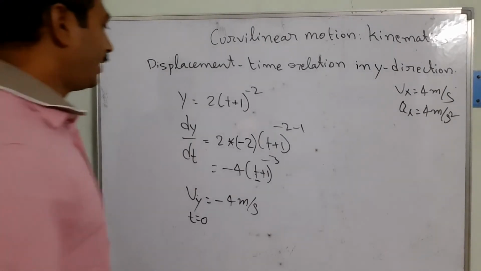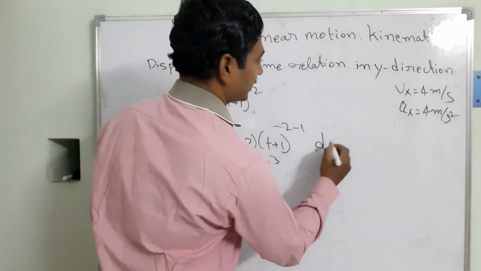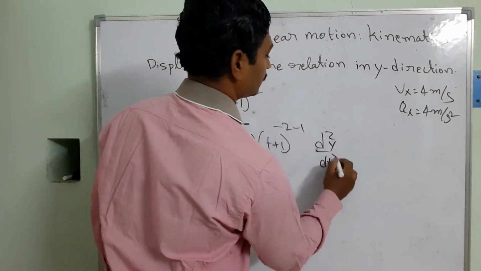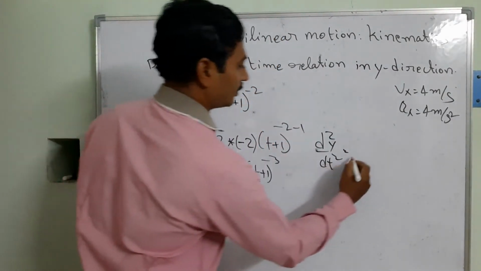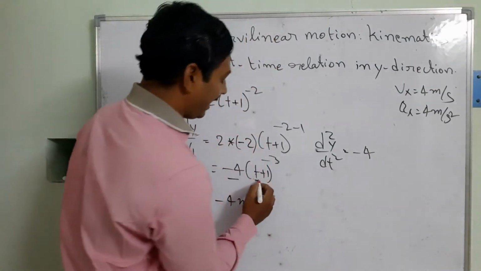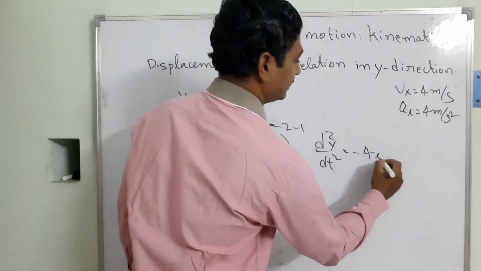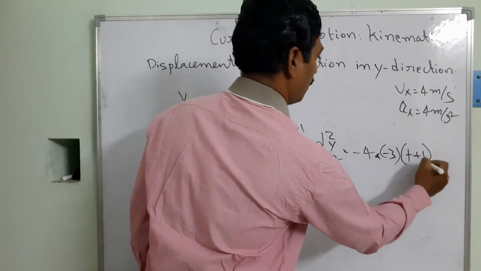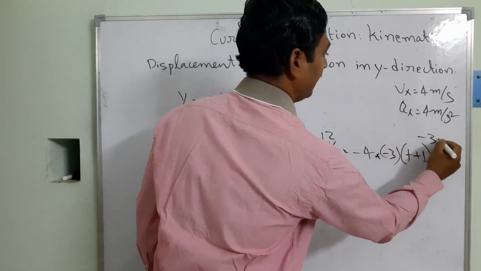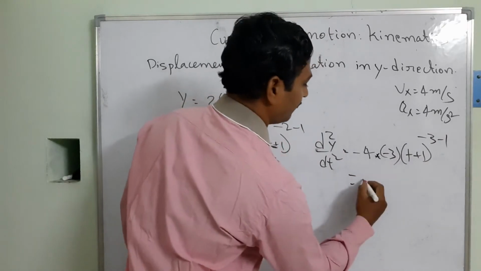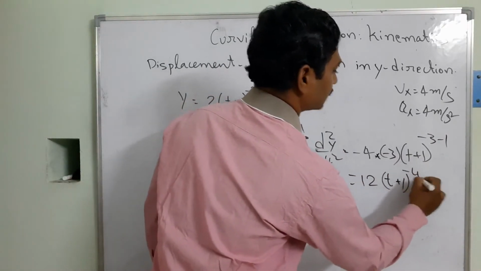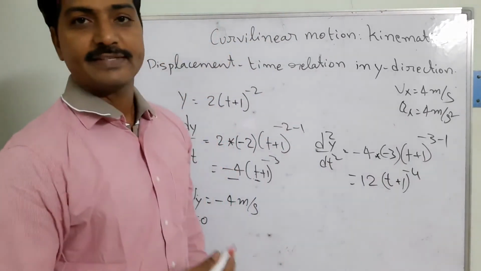Now we are trying to find the acceleration in the direction of y. So this is going to be d²y/dt² is equal to minus 4, and u to the power of minus 3 means here minus 3(t + 1) to the power of minus 3 minus 1. With further simplification I get the result 12(t + 1)⁻⁴.